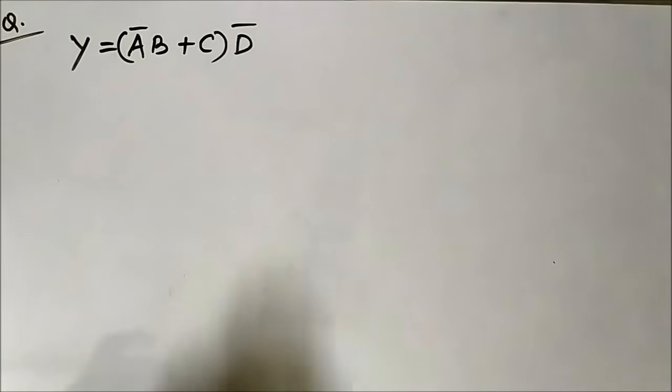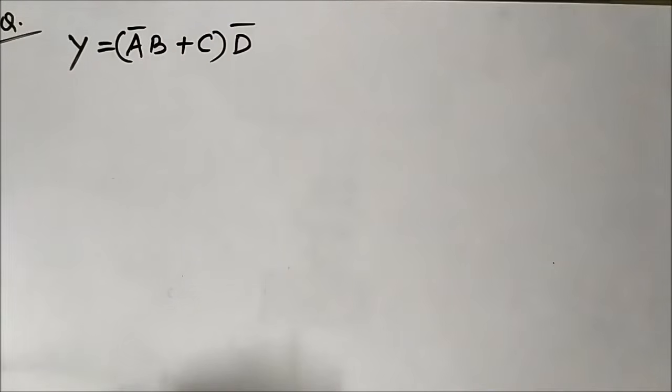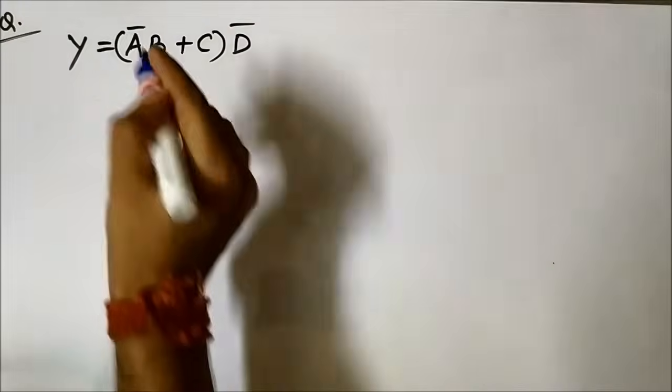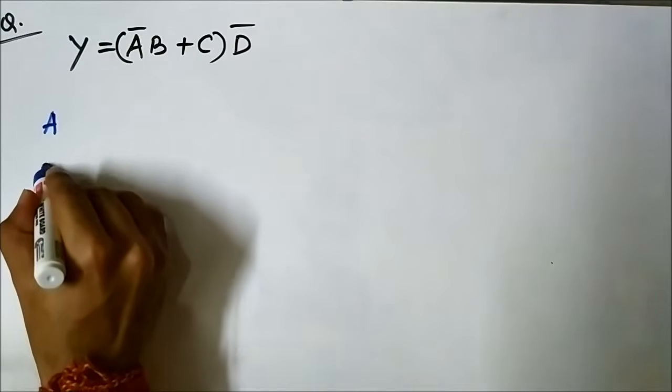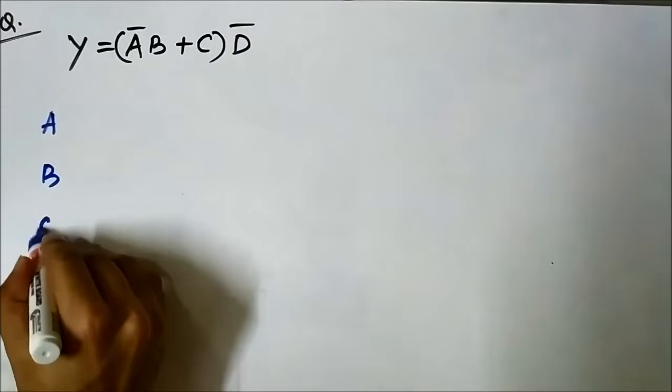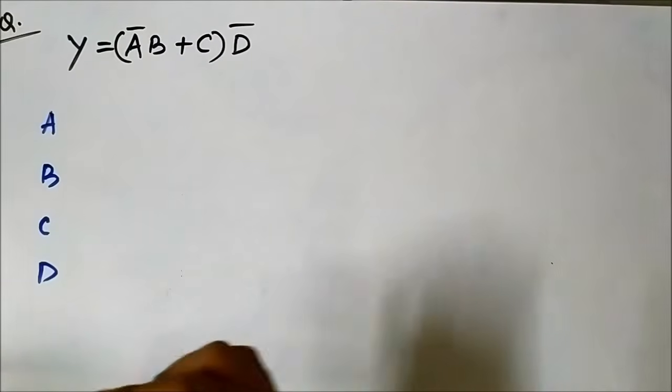So here is another question which involves 4 signal values, again A, B, C and D, and we have to implement it using a combination of digital logic gates. So again the 4 signal values we have to assign A, B, C and D. Then we have to determine which logic gates are required.